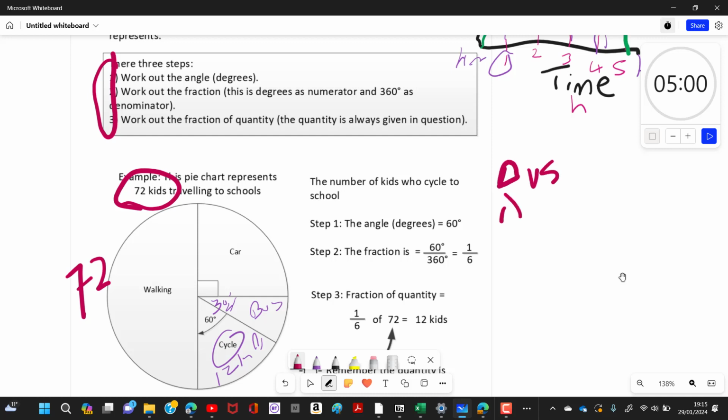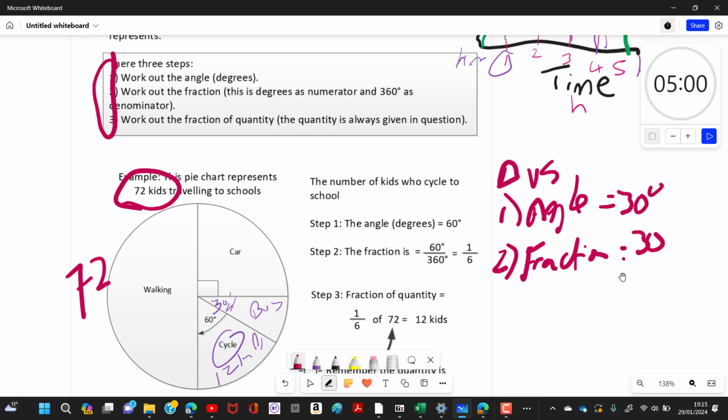So 3 steps: work out the angle. The angle is 30 degrees. And you put that angle over the whole circle as a fraction. So 30 out of the whole circle, which is how many degrees? 360. Then you simplify it. So 1 over 12 is the fraction.